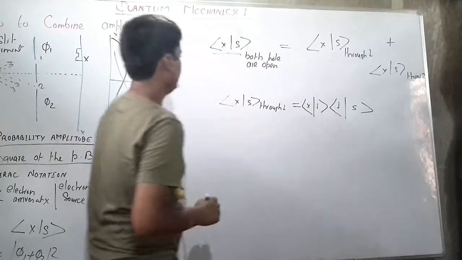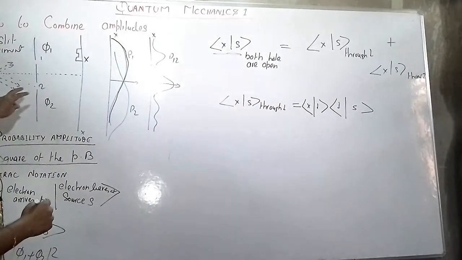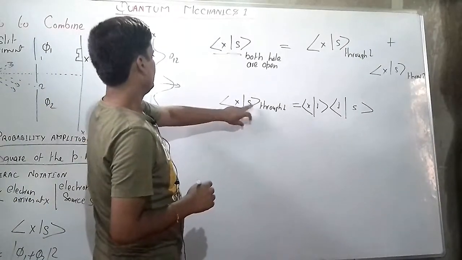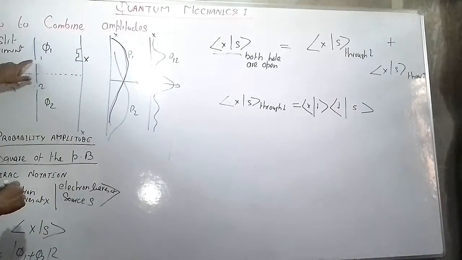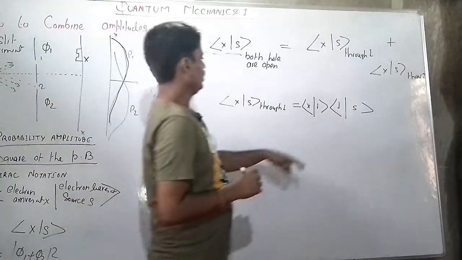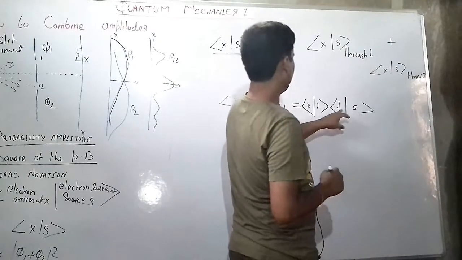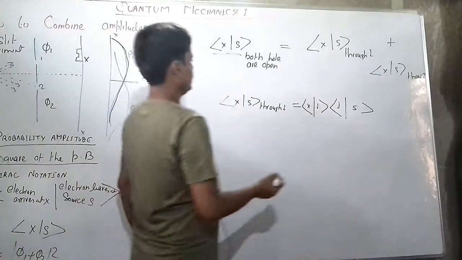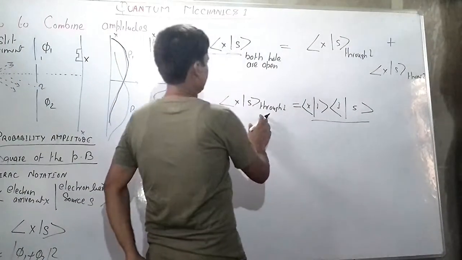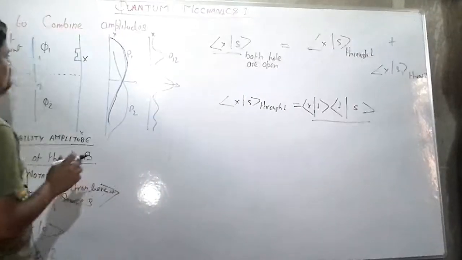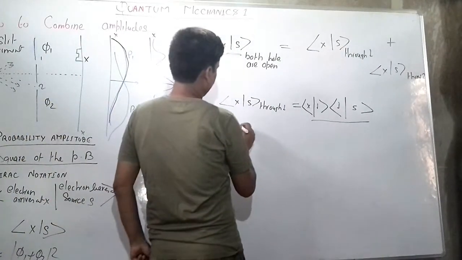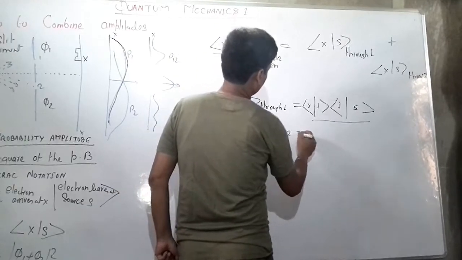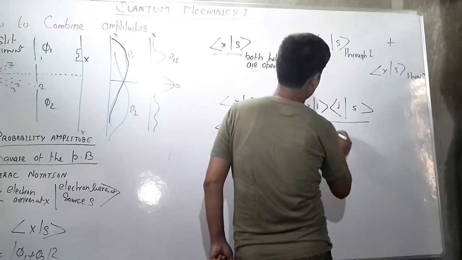You can see that we have written the probability amplitude for hole 1 as the electron going from S to 1, which is hole 1, and again 1 to X. This is for hole 1. Again we can write the same way for X through hole 2.